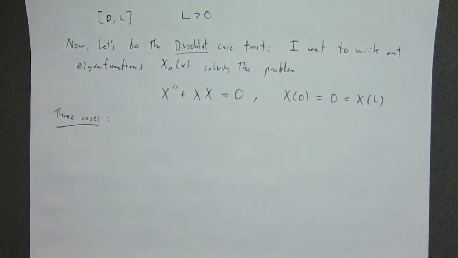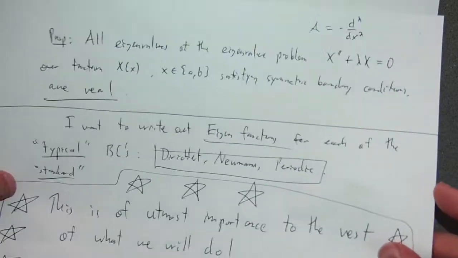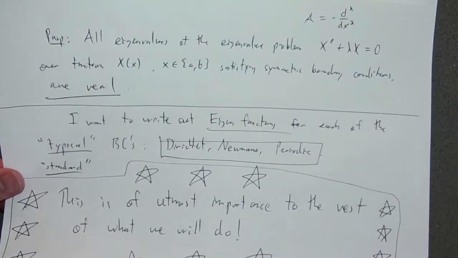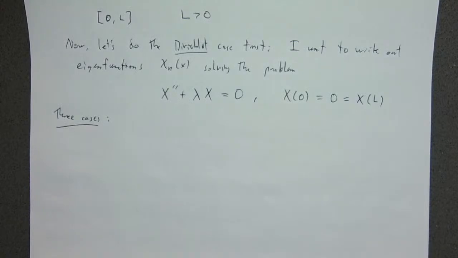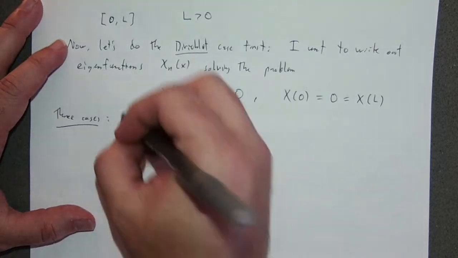Remember what we just said on the previous page. All the eigenvalues related to these problems are real, and of course real numbers satisfy trichotomy. They're either positive, 0, or negative. Those are the only possibilities for a real number. So my three cases are exactly those. Lambda can be negative, it can be 0, or it can be positive. Let's do the case where it's negative.